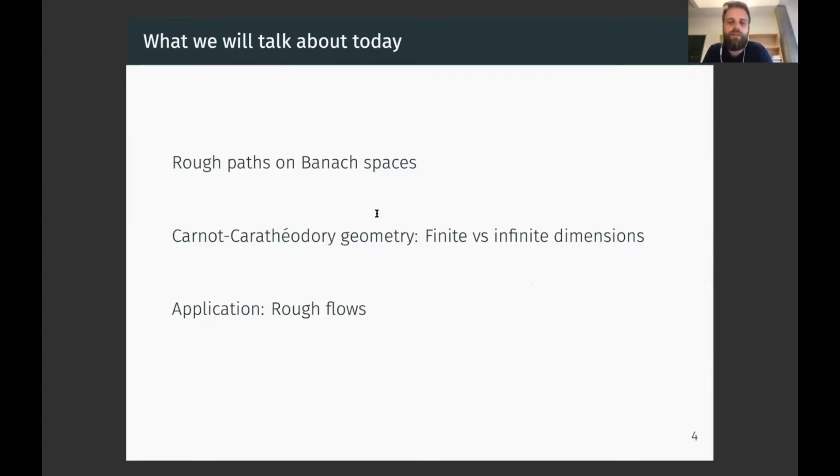Then, in order to talk about the actual proof, we need to talk about the Carnot-Carathéodory metric. What I usually work with is this Carnot-Carathéodory geometry or sub-Riemannian geometry. We'll discuss how that works and why my background doesn't actually help me that much with this problem, unfortunately, when we come to infinite dimensions. And then I will end with discussing some applications to rough flows from our results.